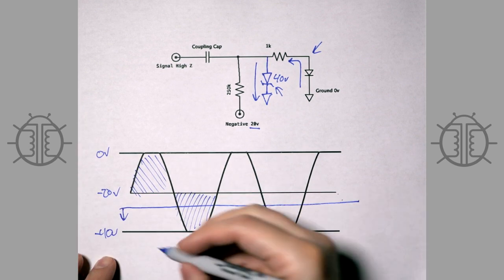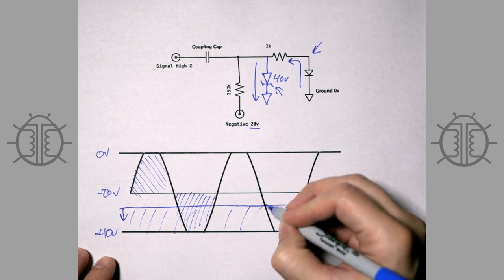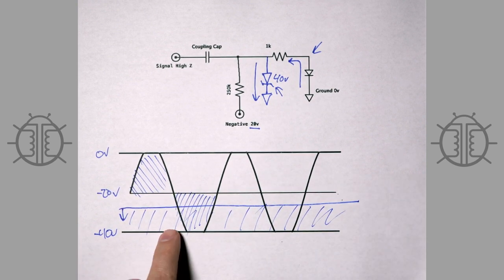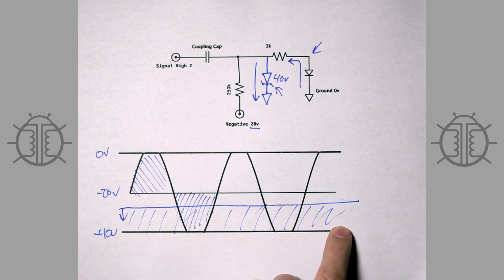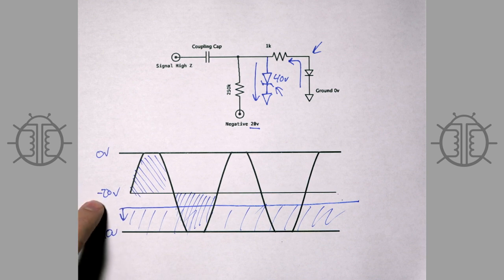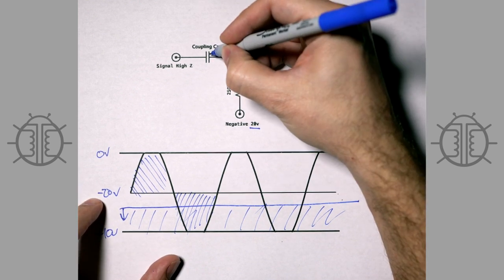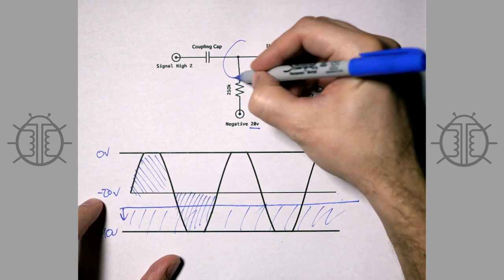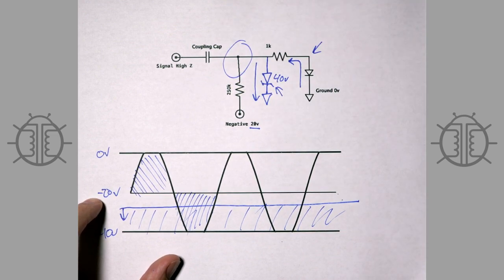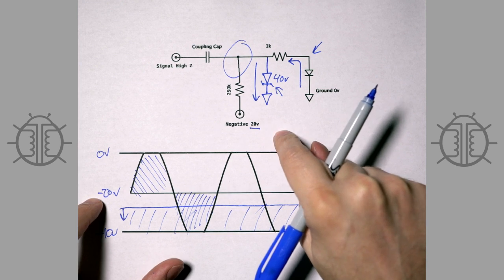So this is cut off right here. This is the cutoff region already. And so clipping the waveform down here doesn't really affect distortion. The only thing it does is normalize the negative bias voltage and eliminate blocking in this area right here. So that's great. That's what we want.